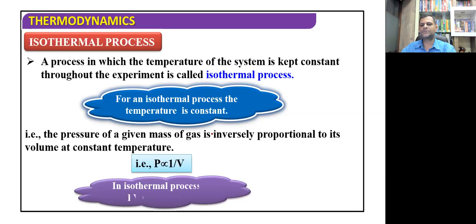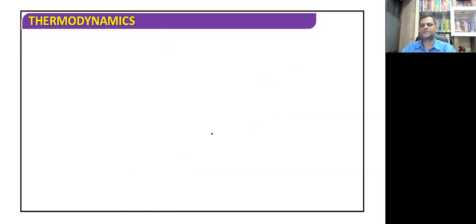That means P is inversely proportional to V, which is also called Boyle's law. So Boyle's law is obeyed in case of isothermal process, or we can say that PV remains constant at constant temperature in case of this isothermal process.